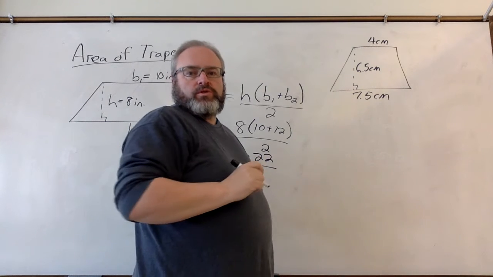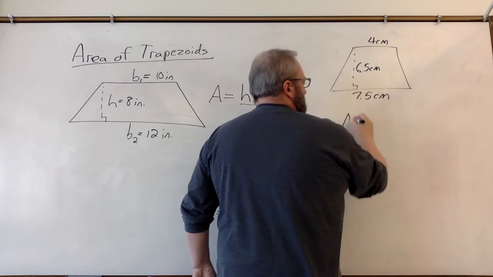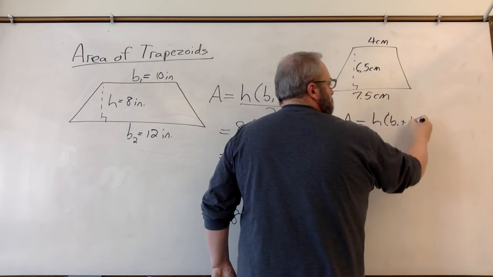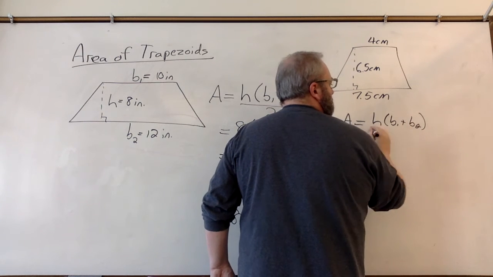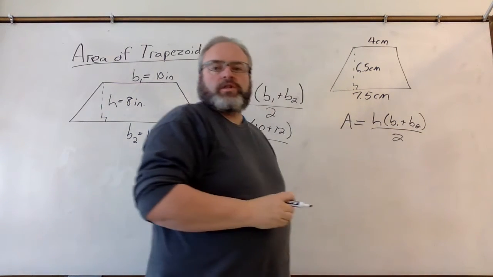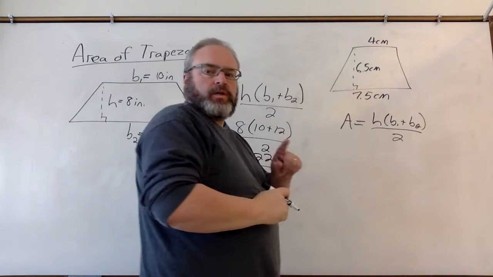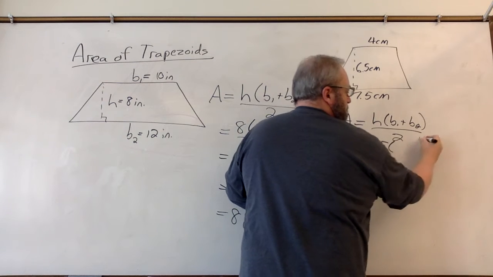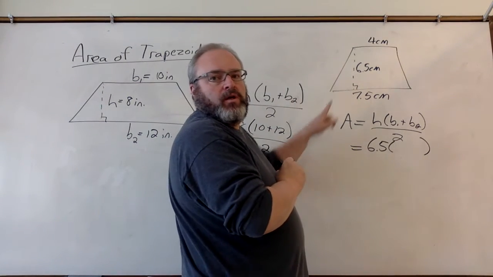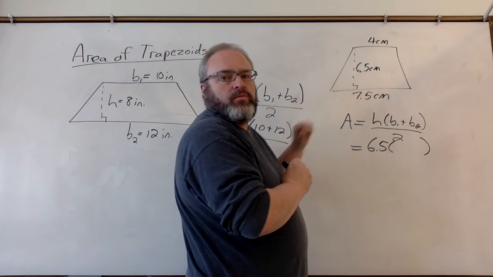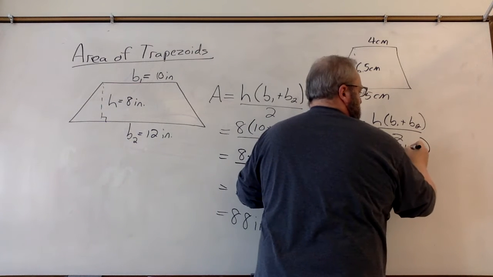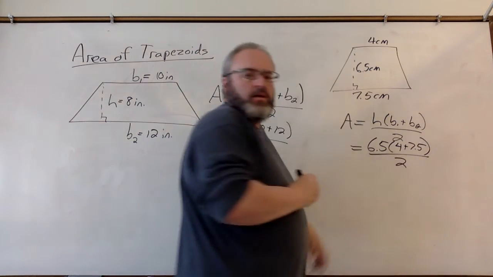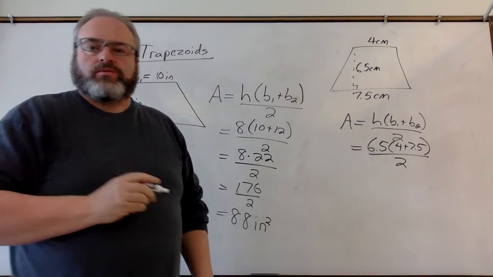Let's plug those numbers into our formula. Area equals height times base 1 plus base 2 divided by 2. Let's plug in our numbers. 6.5 is the height. Got 4 and 7.5 for our bases. And we are going to divide by 2.